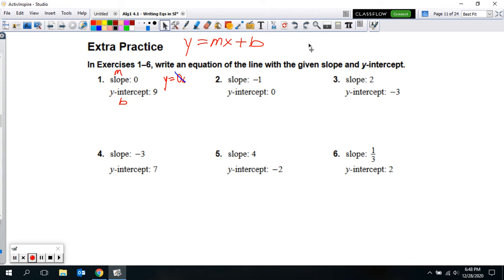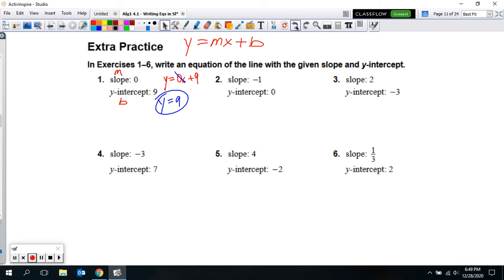Our y-intercept is 9, so that's going to be behind it, plus 9. So the better way to write this would just be y is equal to 9. Let's get rid of this 0x and just say y is equal to 9. That's the equation that's actually in slope-intercept form. It's a horizontal line going straight through 9 on that coordinate plane. All right, number 2, our slope is -1.